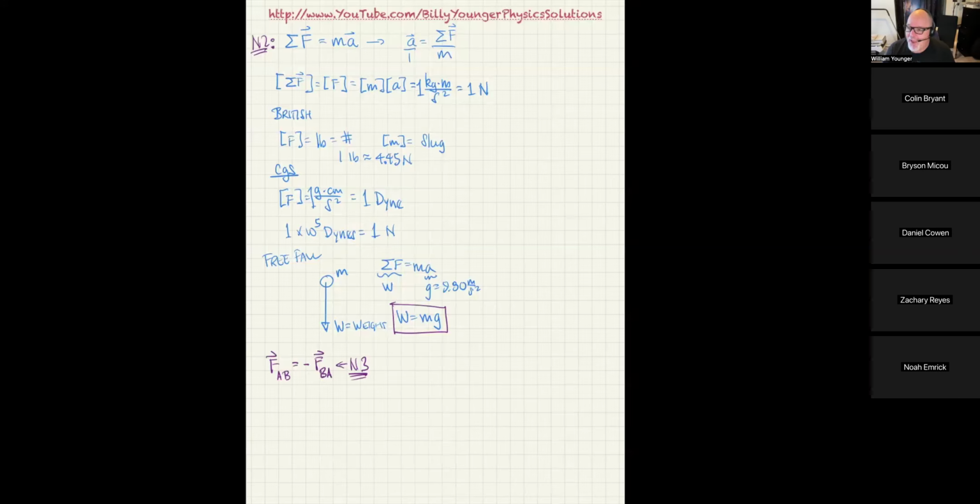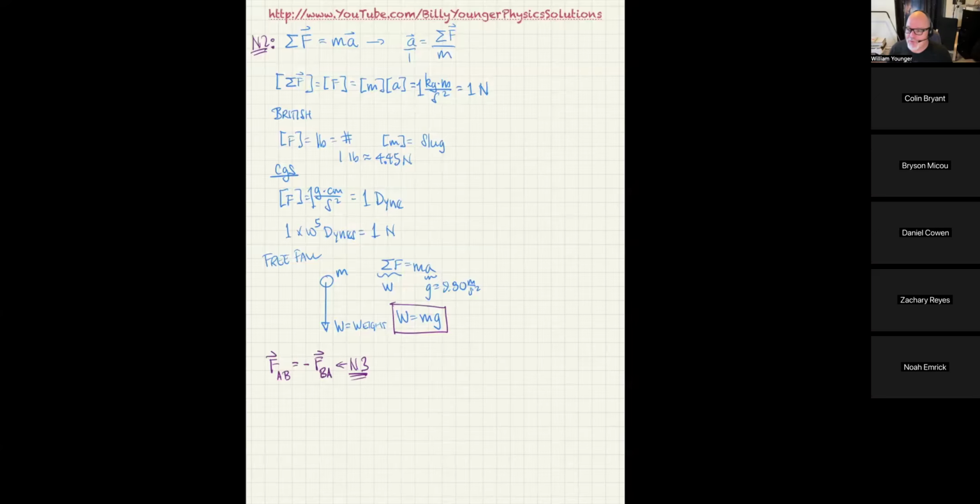The reason why is the force I apply to the blocks is not a force on me. That's a force that I apply to something else. But if I use Newton's third law, then I can say, oh, well, the starting block is going to put an equal force on me in the opposite direction.